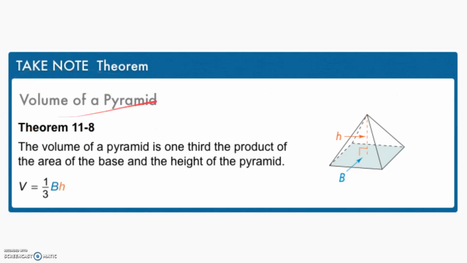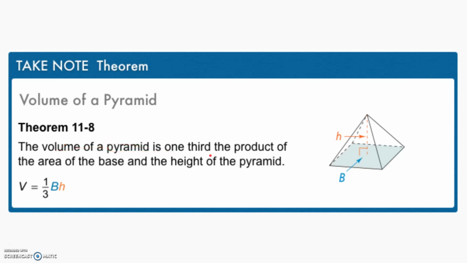So let's talk volume of a pyramid. Remember that the pyramid has one base at the bottom, and then all the lateral edges go up to a point at the top. So what we're going to see, this is actually similar to the prism formula. Remember that BH that was in the prism formula? Well, this is similar, except now we're going to add in this 1/3.